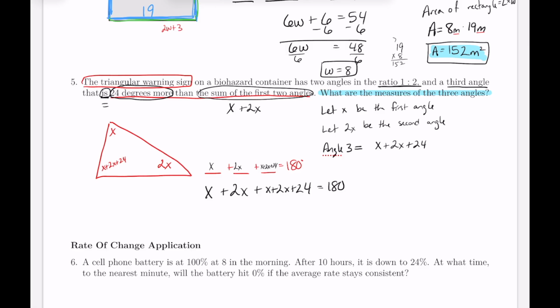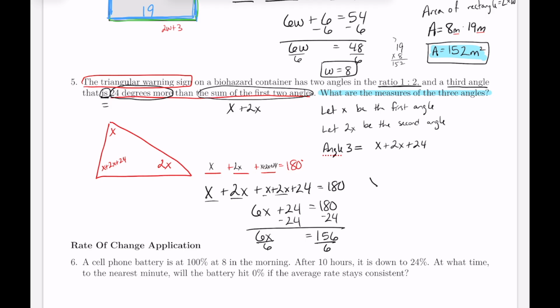Okay, when we combine all the like terms, I have x plus 2x plus x plus 2x. That's going to be 6x plus 24 equals 180. I'll subtract 24 from both sides. Get 6x equals 156. And then divide both sides by 6.